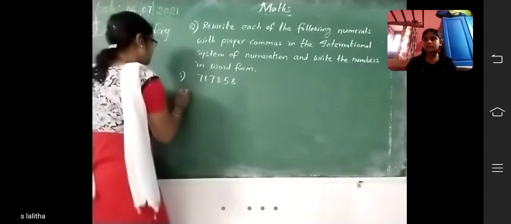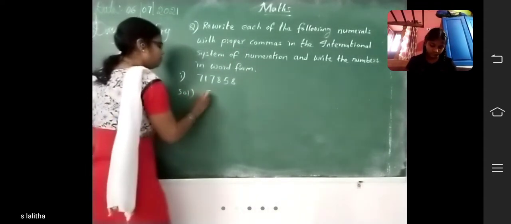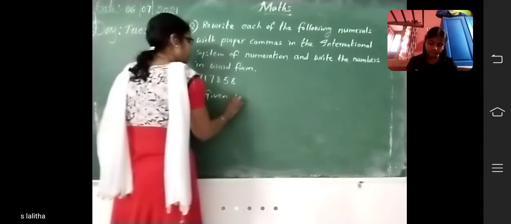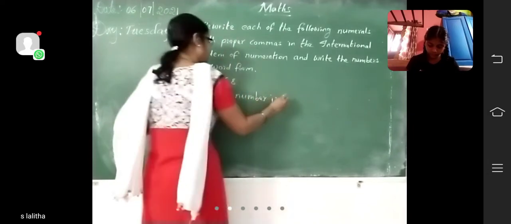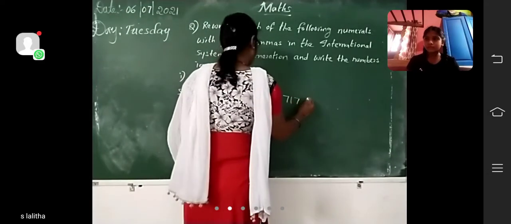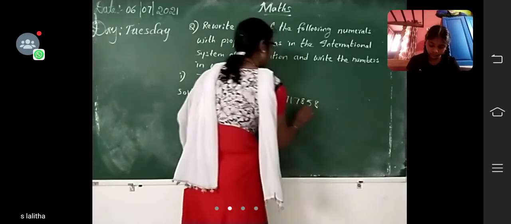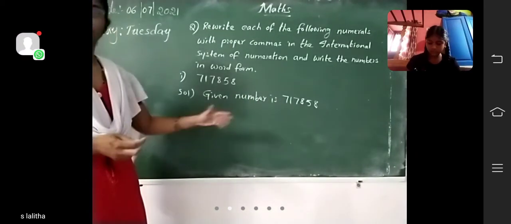Okay. So what is the given number? The given number is 717858. Now we should keep the commas for this number.